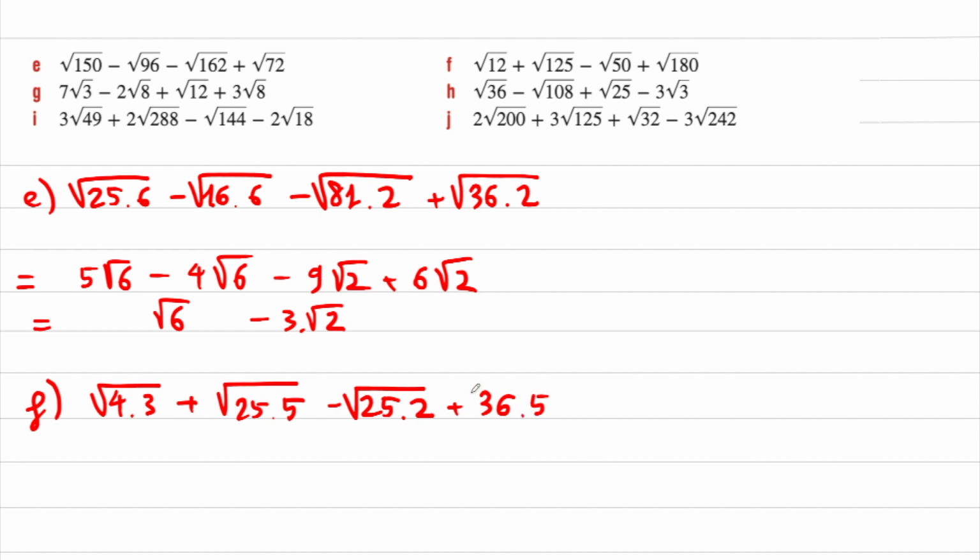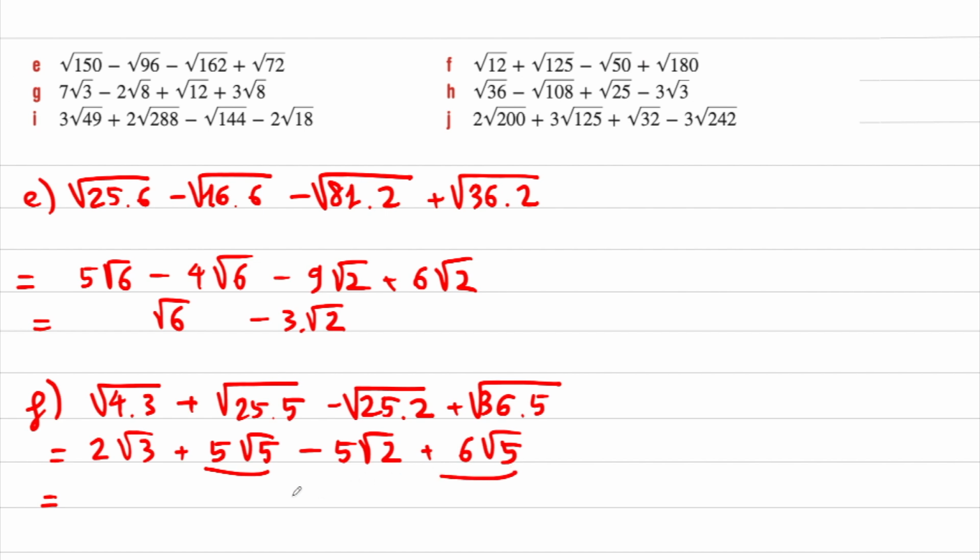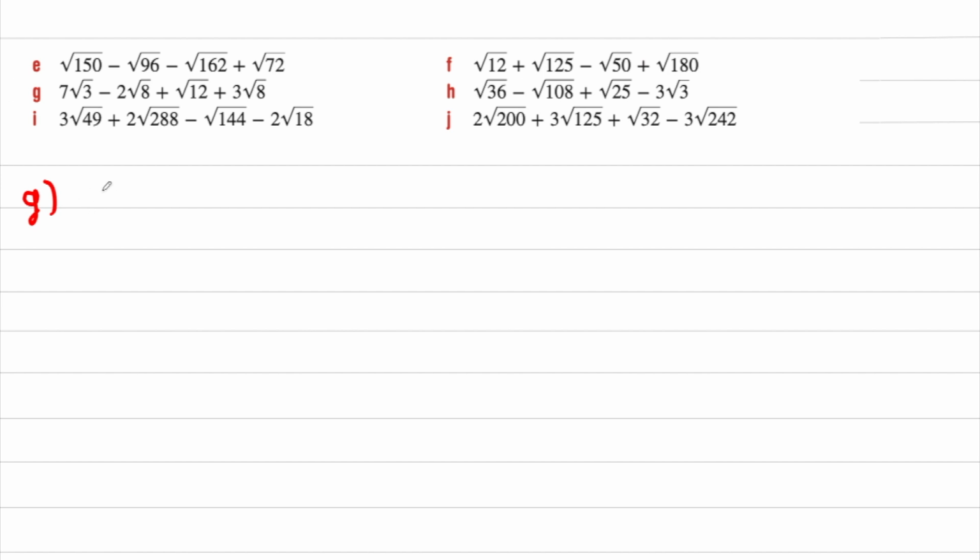First term 2 square root 3, 5 square root 5, 5 square root 2, and 6 square root 5. You only simplify this term and this term together. It becomes 11 square root 5 plus 2 square root 3 and minus 5 square root 2. That is question F.